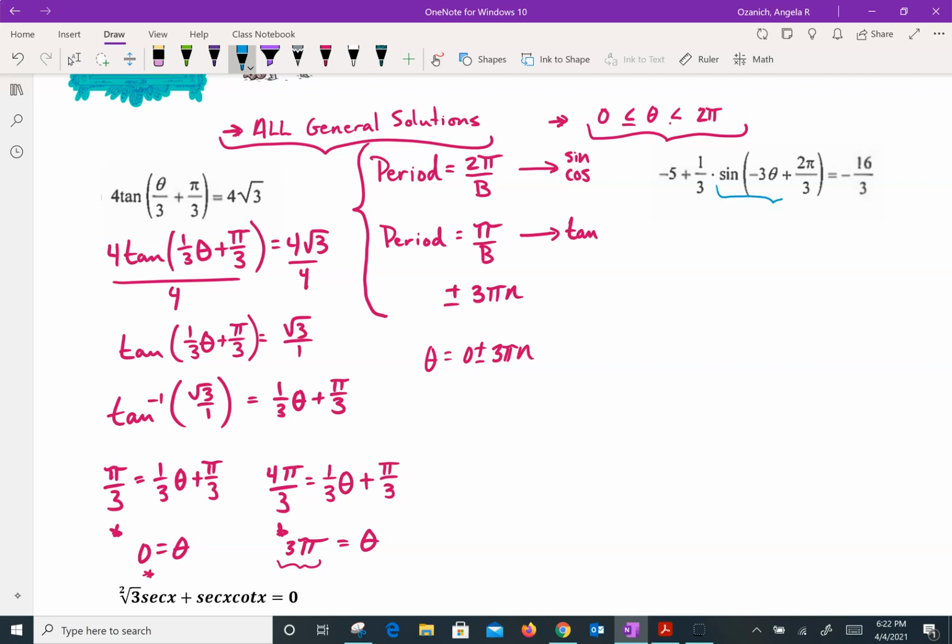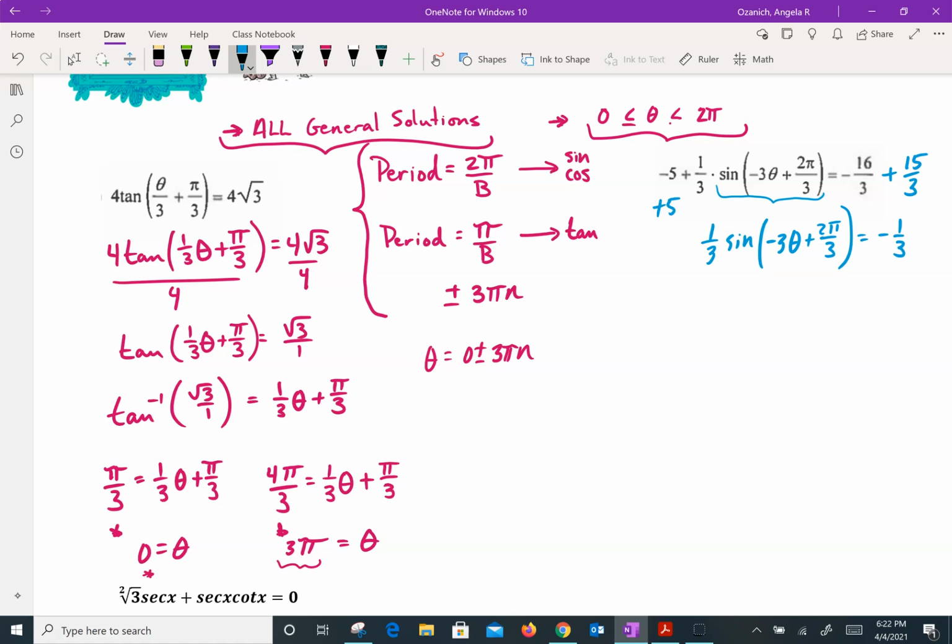I want to isolate my sine expression, my trig expression right here. So I'm going to start by adding 5 to both sides. What that looks like over here is I'm really adding 15/3, because that's the same as 5, and I get a common denominator. So we have 1/3 minus 3 theta plus 2 pi over 3 is equal to a negative 1/3, as we combine that negative 16/3 with 15/3.